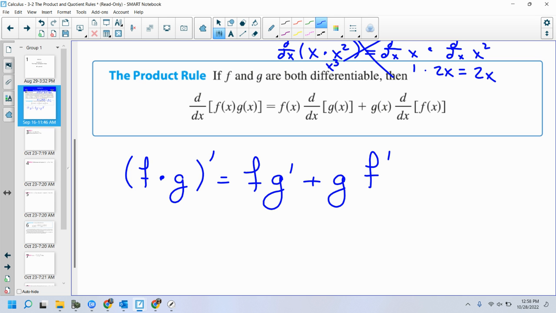Now, the hard part about this is being able to tell when you have to use it. Right? How do you know when you need to use the product rule? Well, you need to use the product rule when you see two different types of functions multiplied by one another. You do not have to use the product rule when it's just a constant multiplied by the other, but you do need to use it when it's two different types of functions multiplied by one another.